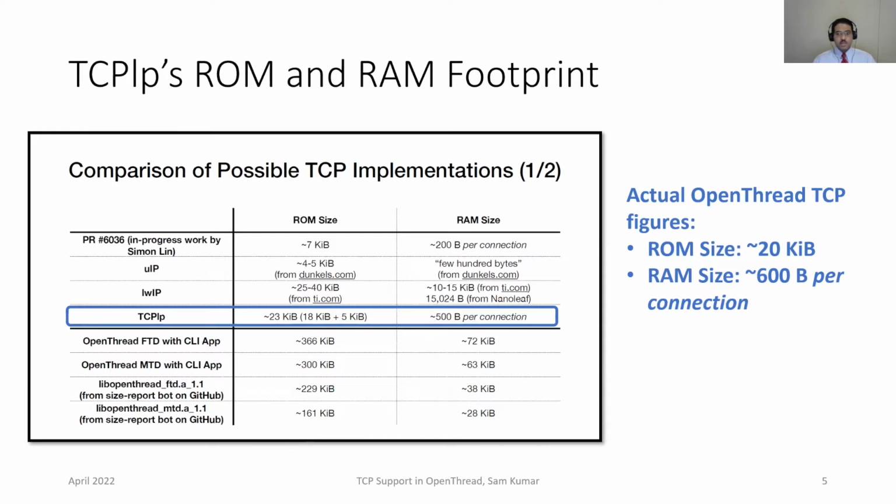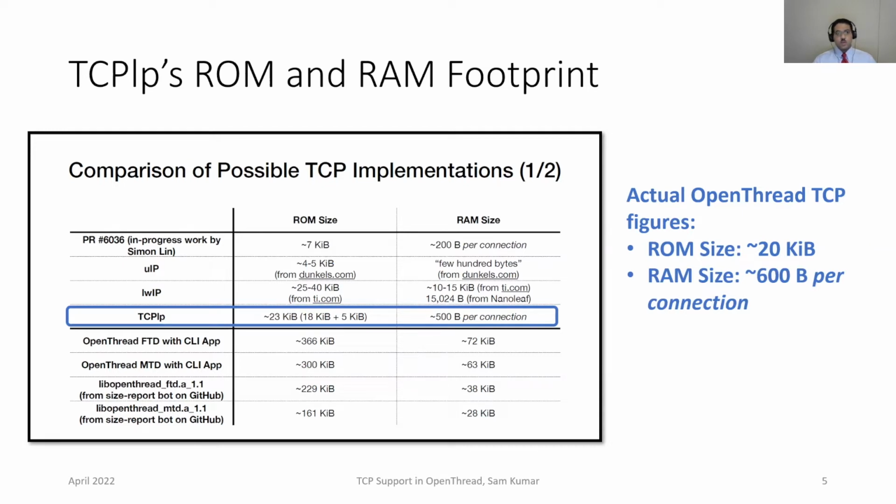And that's probably a little less because these numbers over here have grown a little bit since the slide was made. And in terms of RAM size, 600 bytes is also pretty good because for a TCP connection, you would need several kilobytes of buffers anyway. So 600 bytes for connection state is pretty small in comparison to that.